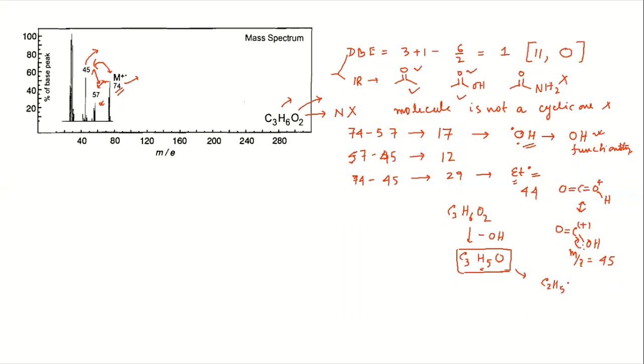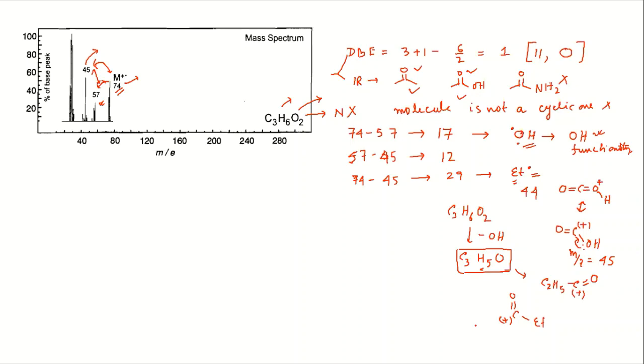And you have C double bond O. This may be another fragment. So you have C double bond O, ethyl, and OH coming out. So you have another fragment, and you can predict that from here.